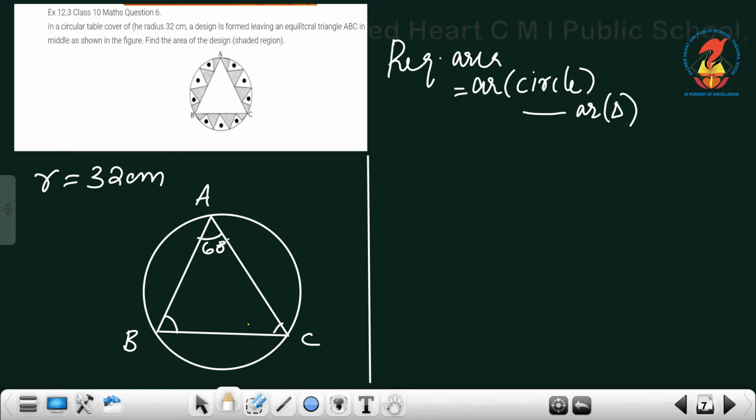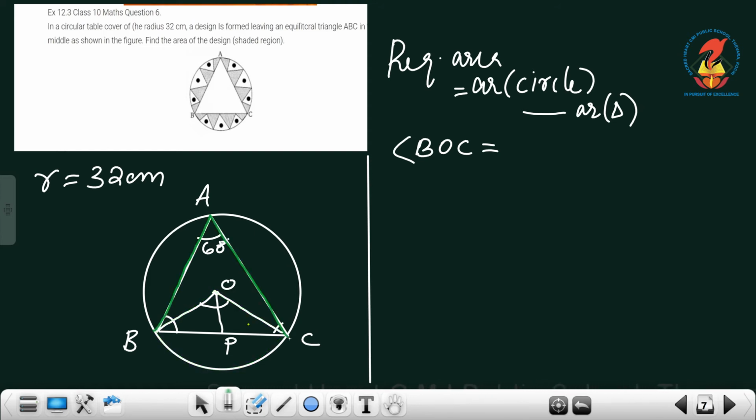What I am going to do is draw a perpendicular from the center to this chord BC. I am marking this as OP. If OP is the perpendicular, what about angle BOC? Look here, this is the angle made by this arc at the center, and this is the angle made by this arc at any point on the circle.